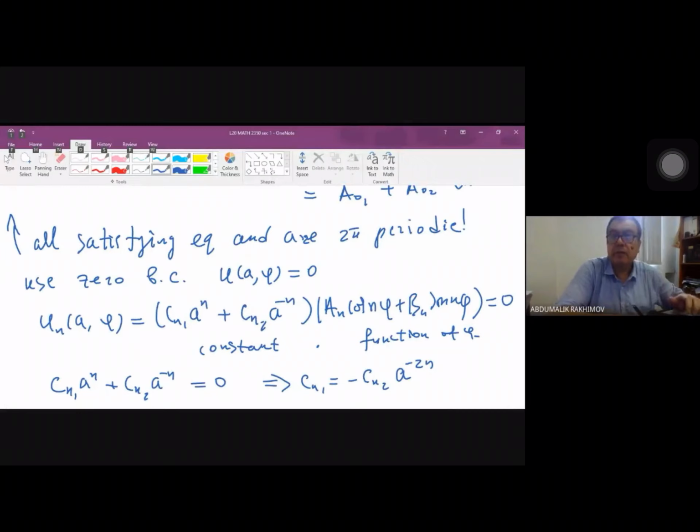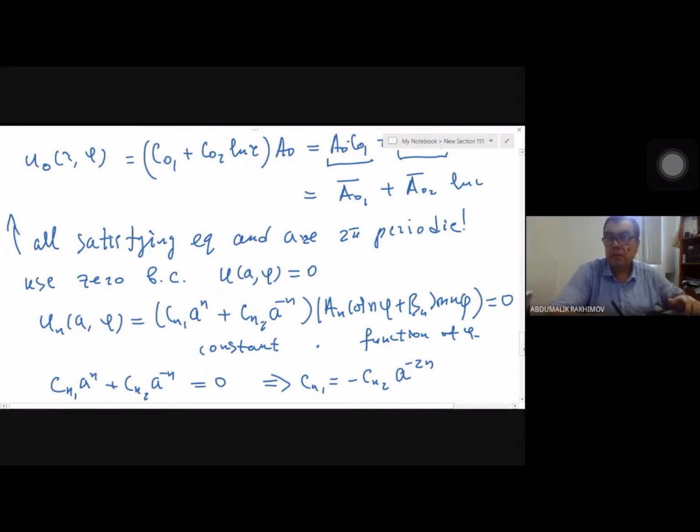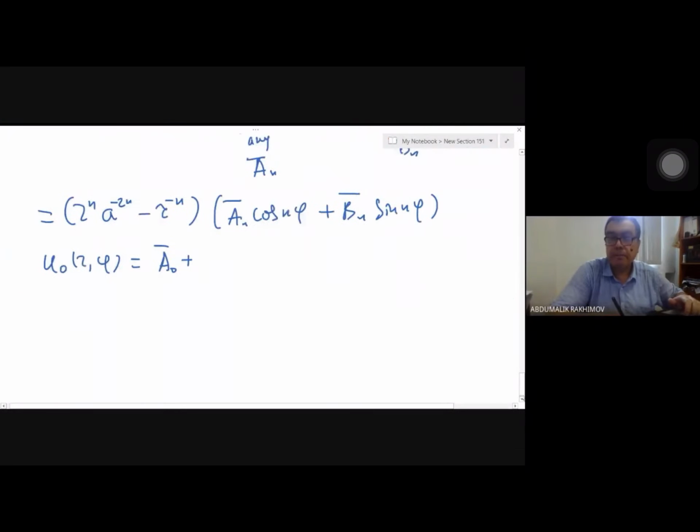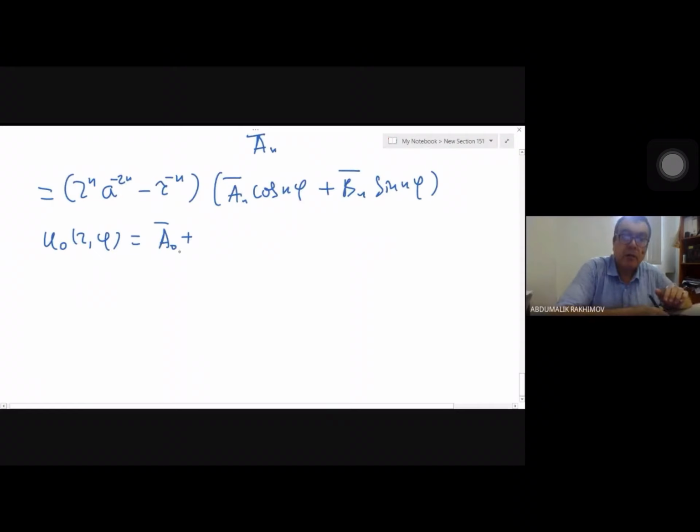Okay, leave it like this, a01 and a02. So we have un like this, and we have u0 like this, many functions.